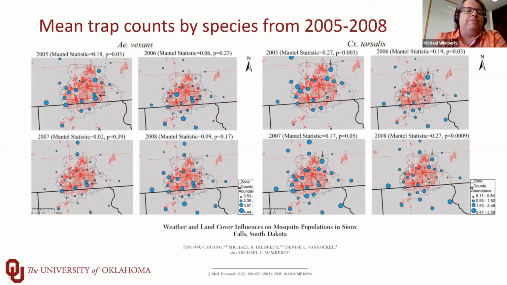Bigger circles are where there are more mosquitoes, smaller circles are where there are fewer. We have Aedes vexans on the left and Culex tarsalis on the right.